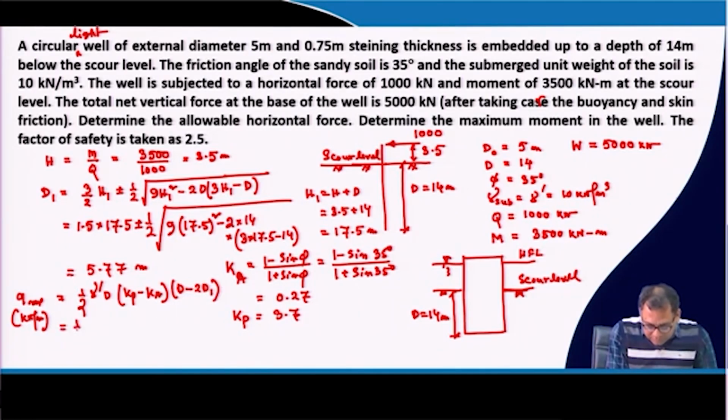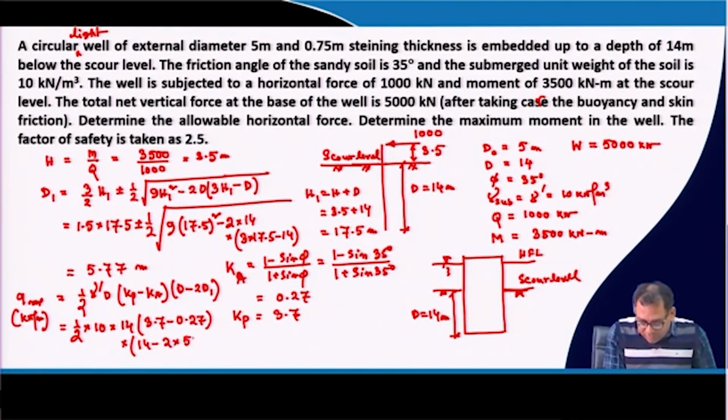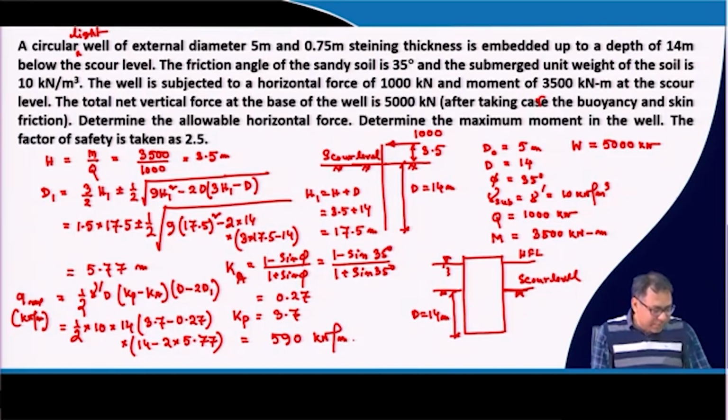So, this is half, gamma dash or gamma sub is 10, d is 14, then Kp is 3.7, Ka is 0.27, then into d is 14 minus 2 into d1 is 5.77. So, this is 590 kilonewton per meter.